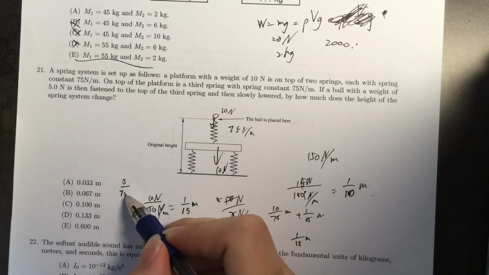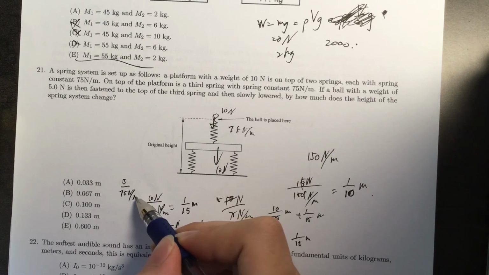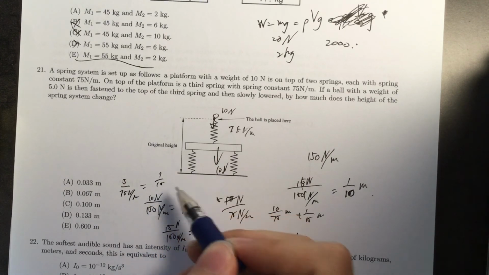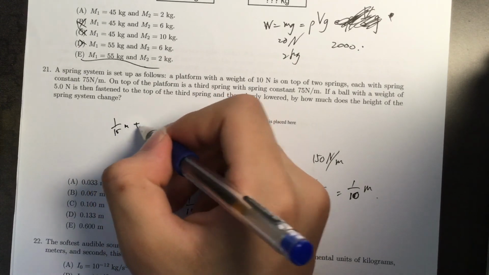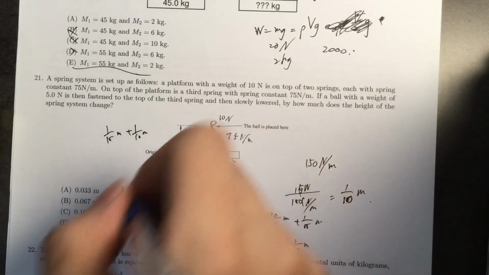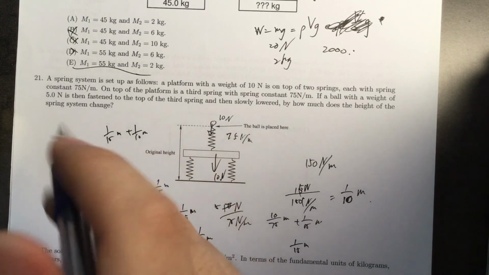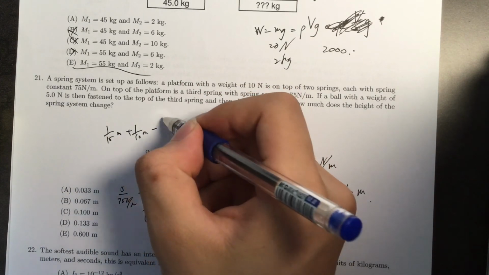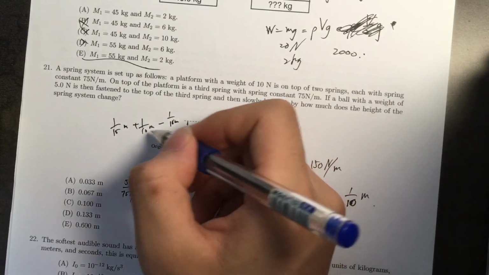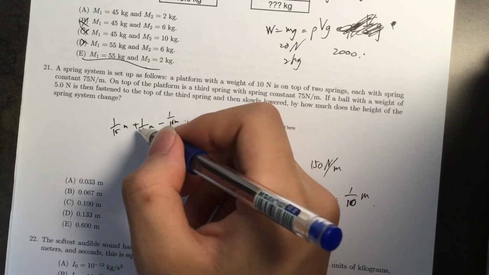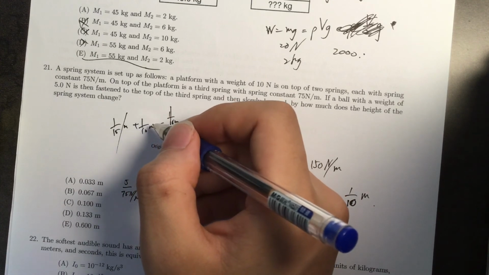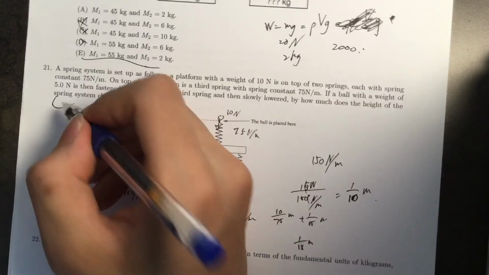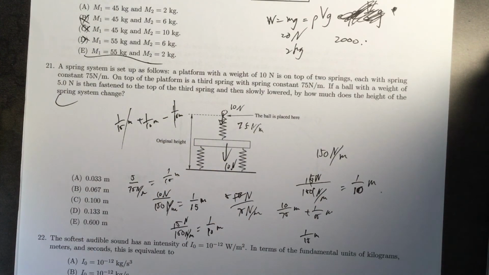So 5 over 75 newtons per meter is equal to 1 over 15 meters. So 1 over 15 meters plus 1 over 10 meters will be the situation now, and the original one is 1 over 15 meters. So 1 over 15 meters plus 1 over 10 meters minus 1 over 15 meters cancel out. It's just 1 over 10 meters. So the answer is C. Okay.